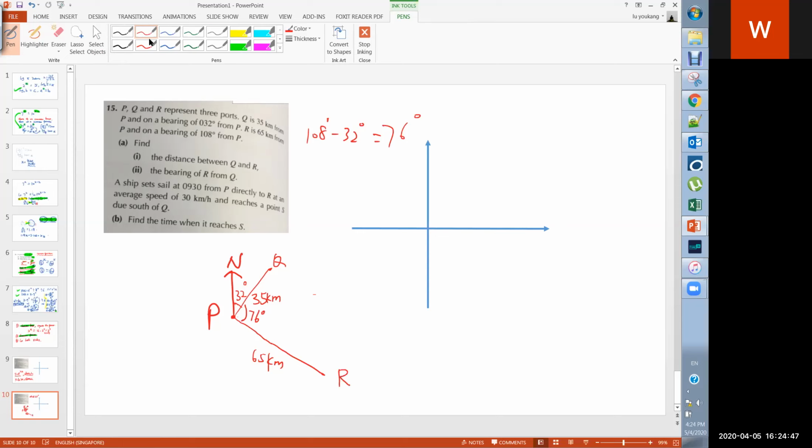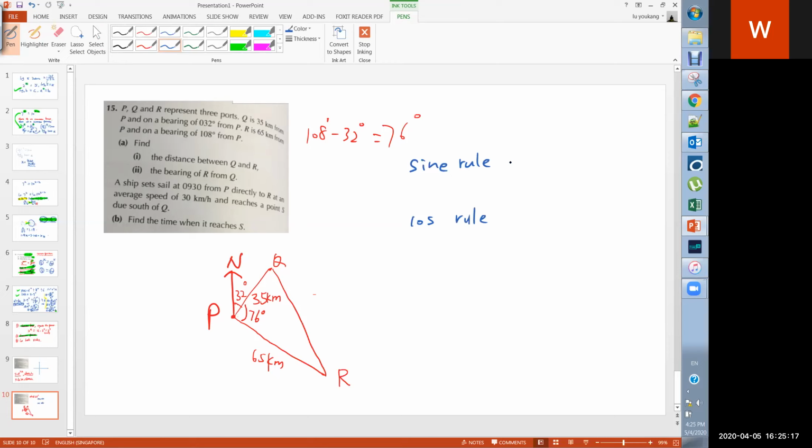Then you form this triangle. When it comes to this kind of question, you need to use the sine rule, cosine rule, and the area rule. Can you tell me the sine rule? Sine of an angle over a length, correct, equals another angle over its length.